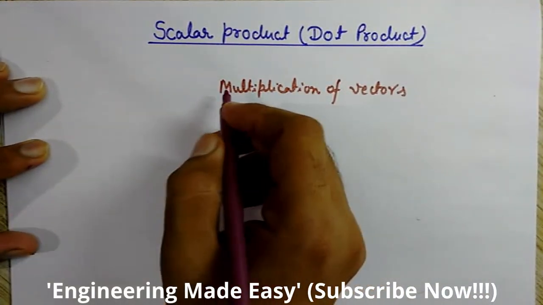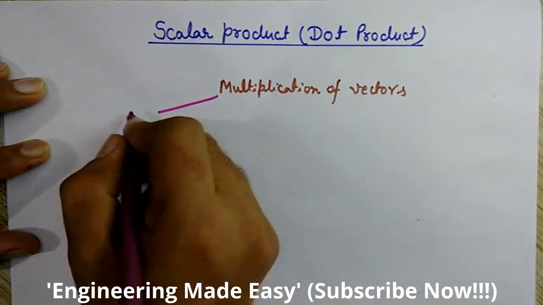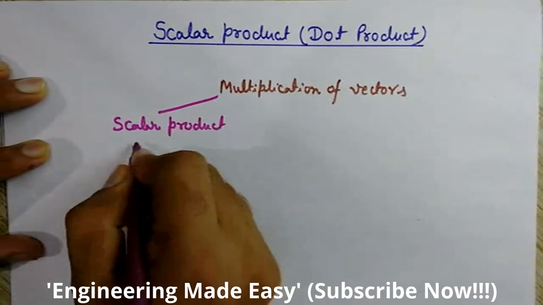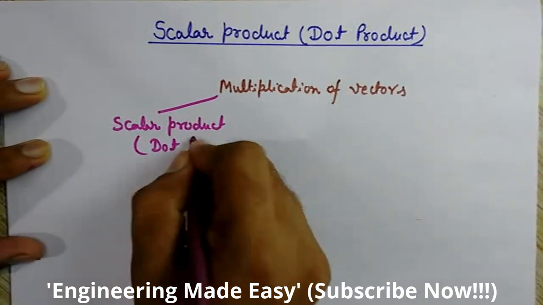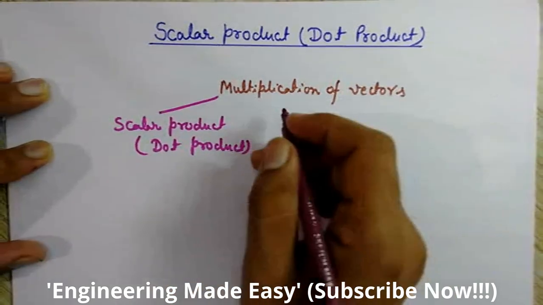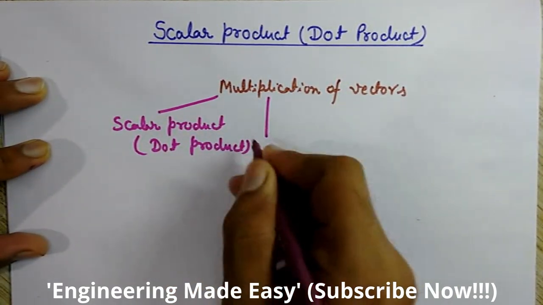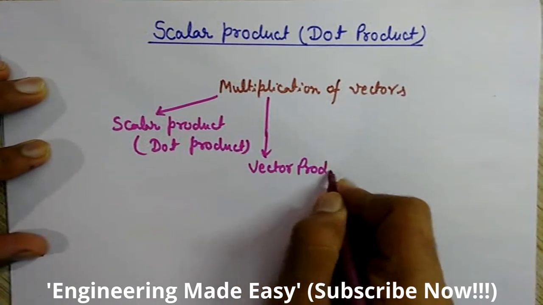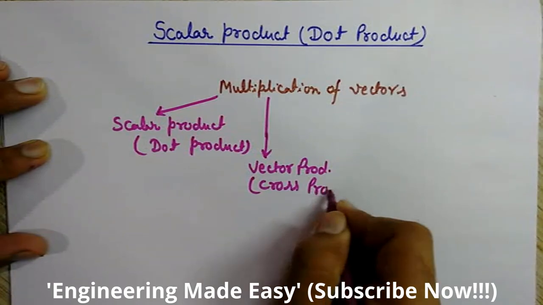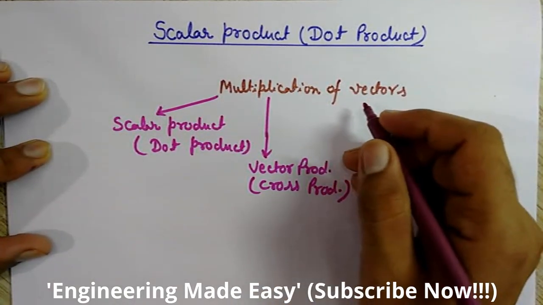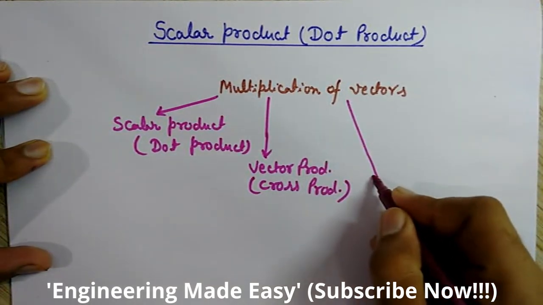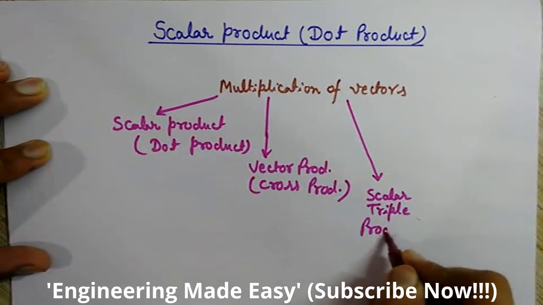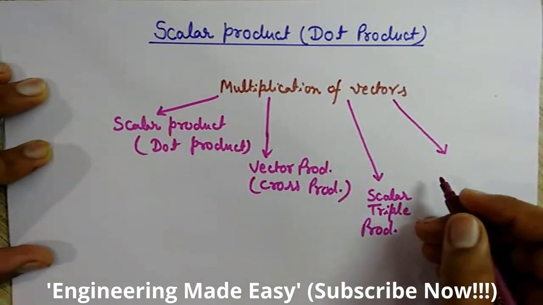So multiplication of vectors is of four types. Scalar product, also known as dot product; vector product or cross product; the third one is the scalar triple product; and the fourth one is the triple cross product.